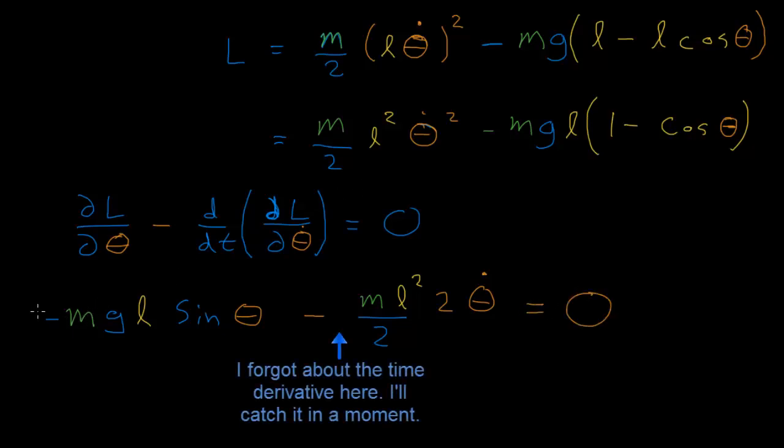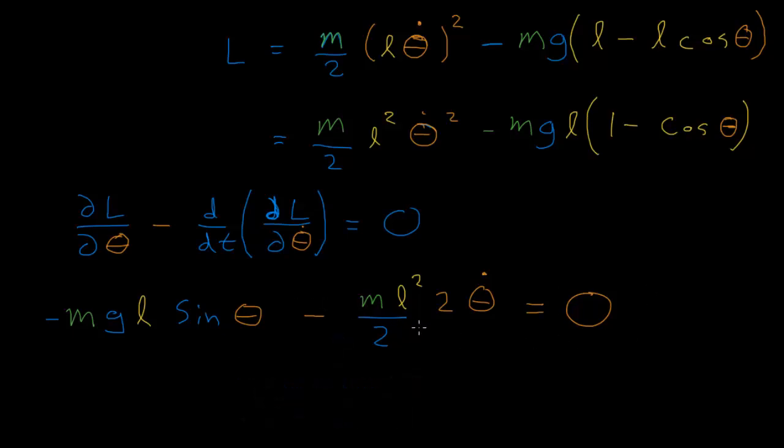I'll do a few things here. I'll make these positive, because it equals 0, so we can just think of it as putting them on the other side of the equation, or multiplying by -1, however you like to think about it. These negatives we can just make positive. And then these 2's cancel. Then we can divide both sides of the equation by m.